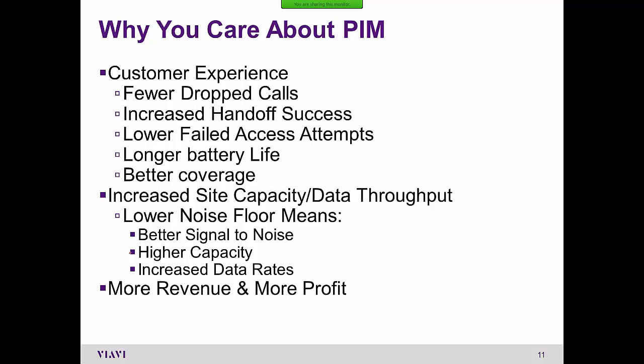In other words, the phones have to be closer to the cell site because of the noise, so you get better coverage. For LTE or data technologies, you get better capacity, better throughput, because you have better signal-to-noise ratios. So mobiles can operate with higher capacities or higher throughputs, better data rates, and so forth.